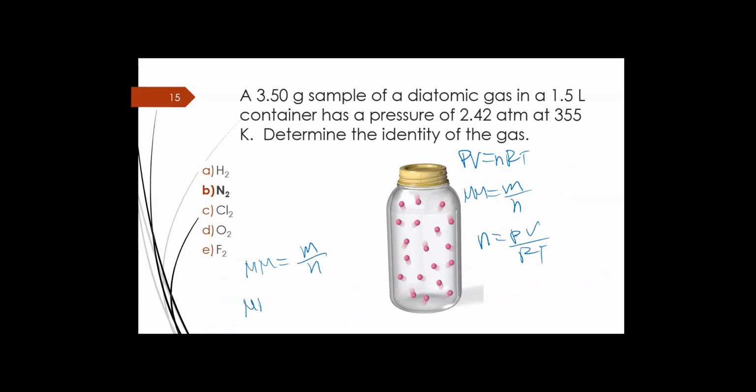And so we get molar mass is equal to M over PV over RT. If we condense that down, we get MRT over PV is equal to our molar mass.